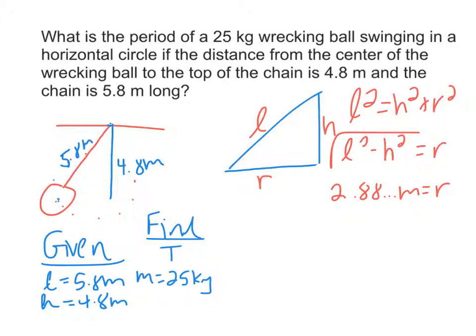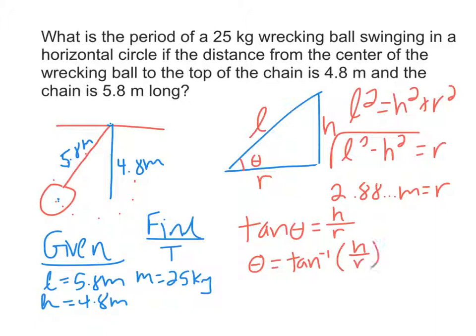So now we know all three sides of the triangle. Next thing we're going to want to do is figure out the angle. Because we know all three sides, you can use any trig function you would like, either sine, cosine, or tangent. I'm just going to use tangent. So tan theta is equal to opposite over adjacent, so the height over the radius, which means that theta equals the inverse tan of height over radius.